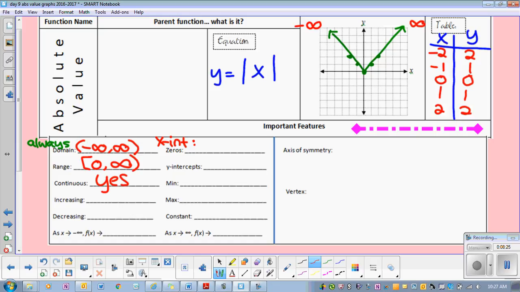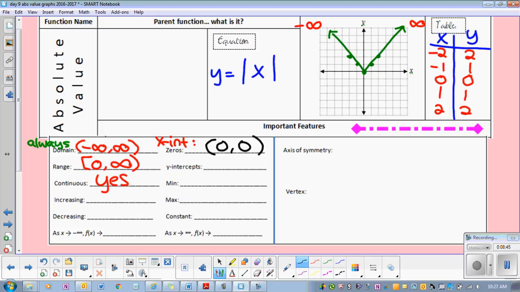So where does this graph cross through the x-axis? Cross through or touch the x-axis? At where? Okay, give me the point. So the origin is 0, 0. I want an actual point, so just give me one number, please.